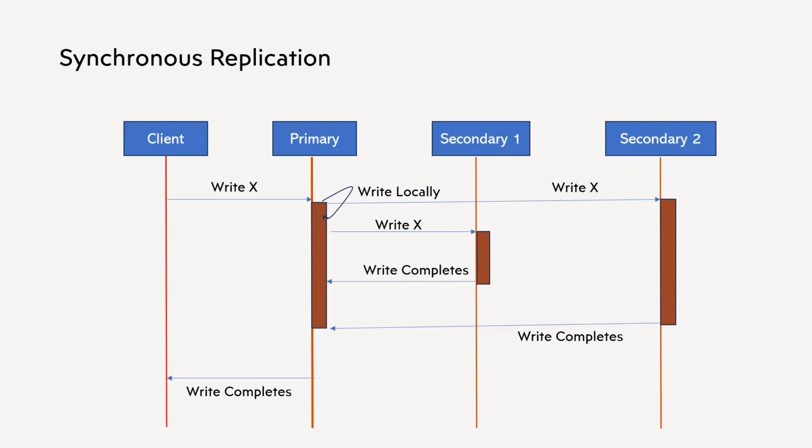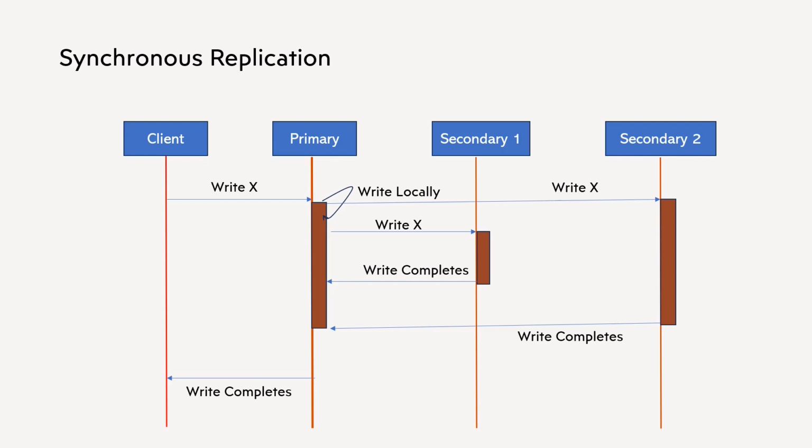But it will make sure that data across all the nodes, primary or secondary, remains consistent. So whenever the client does any read request, suppose it goes to secondary two, it will get the correct data.